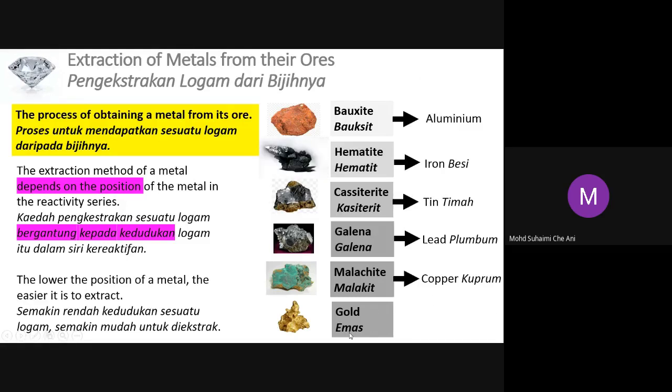But some of the metals exist as natural elements. Maksud dia kat sini, dia tak bercampur dengan sesiapa, dia hanyalah dia sahaja. It exists in the element form alone, not mixed with other elements. Most of these can be found in the natural element form. We learned about the natural elements before. Examples are gold, silver, platinum, and mercury.